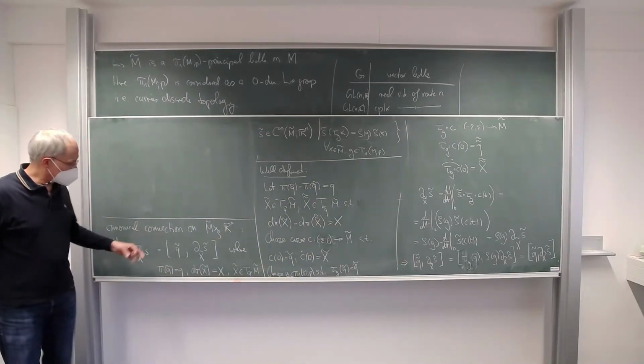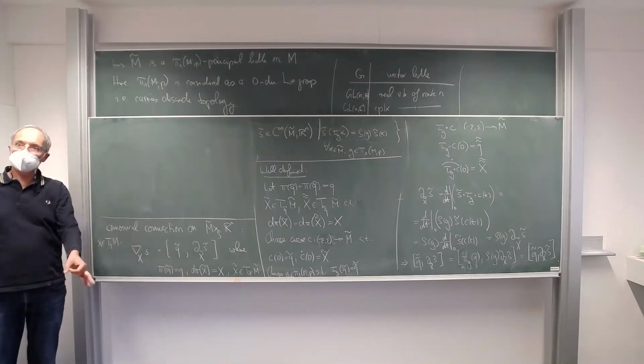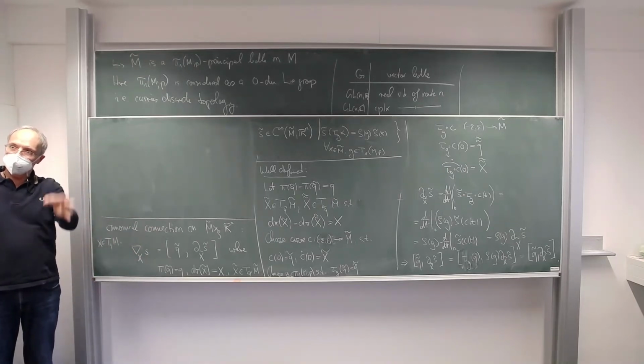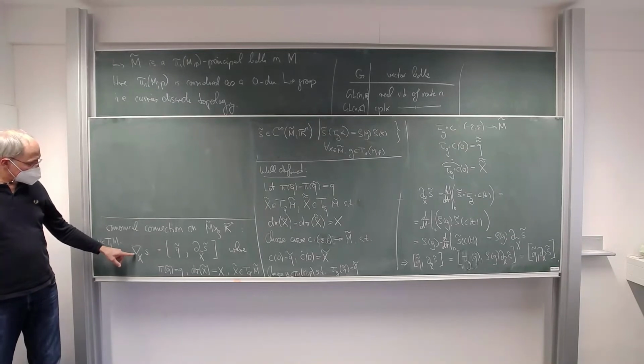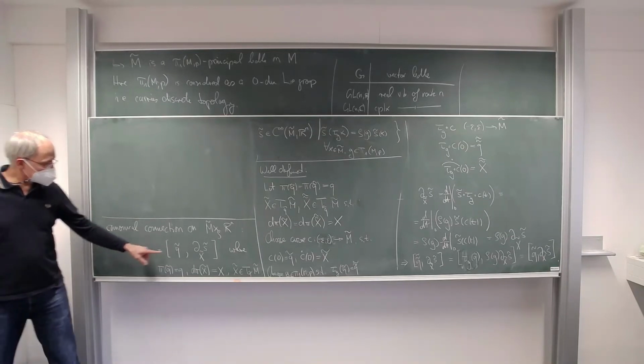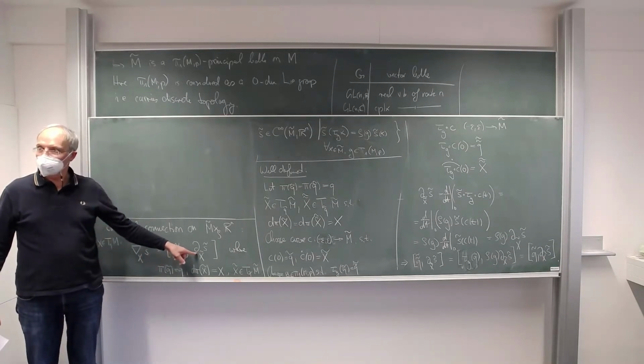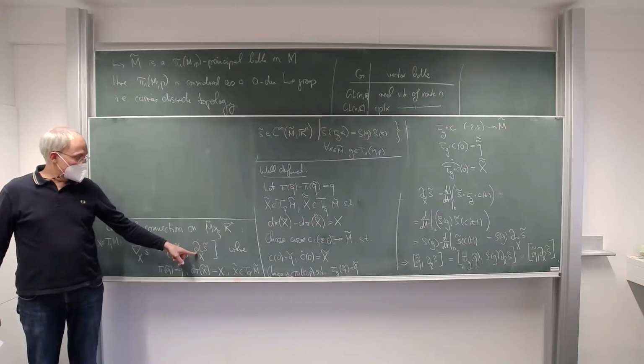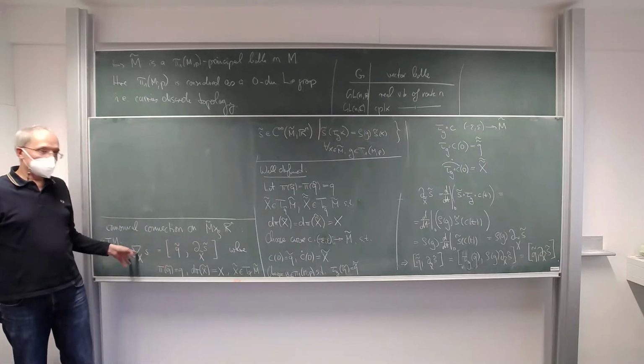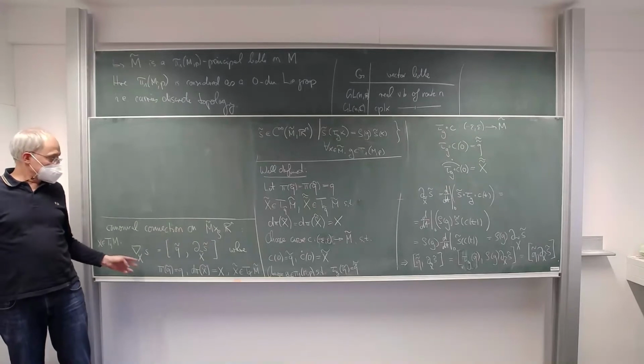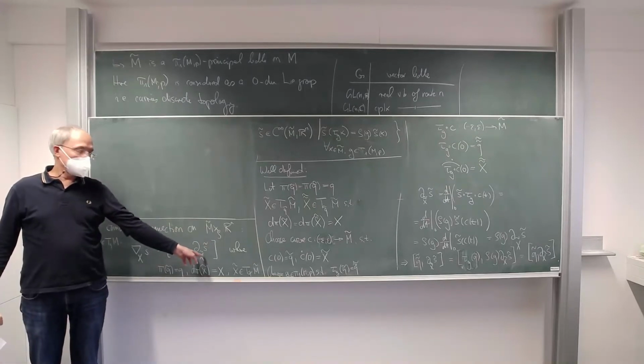the connection is, so if you go to a small patch where your projection map is a diffeomorphism, then you see that this connection is just given by the usual derivative of functions. And certainly if you apply this twice and you interchange the order of the vectors, there will be no commutation term.